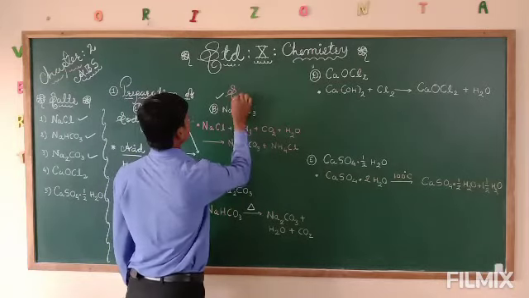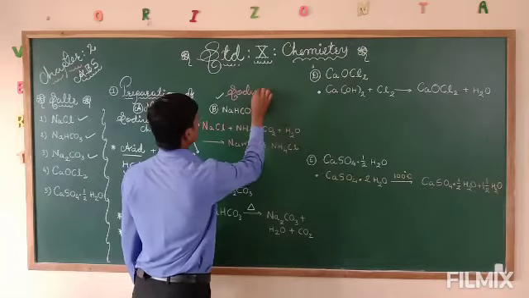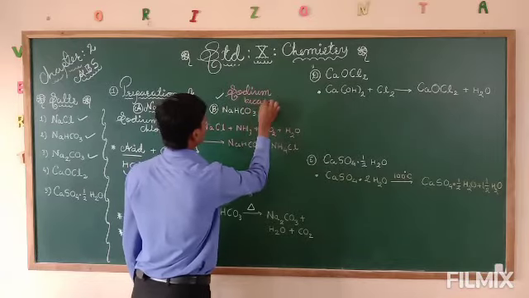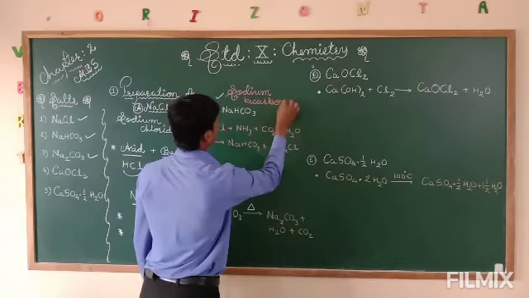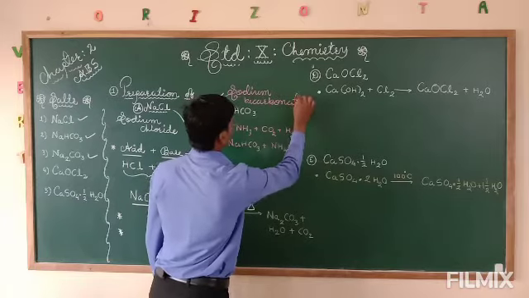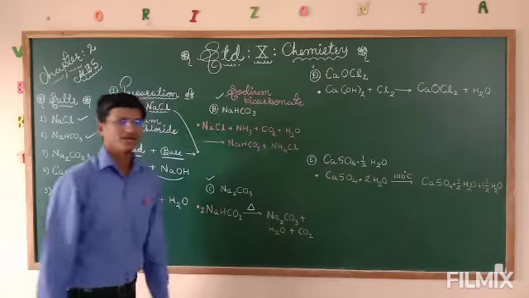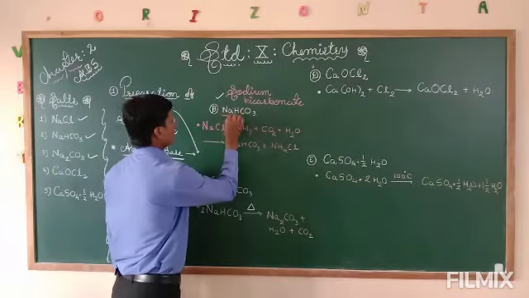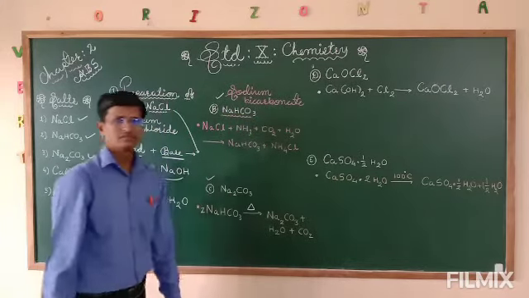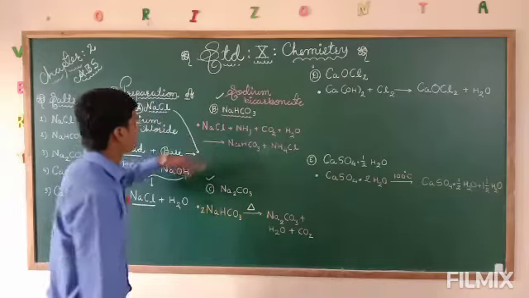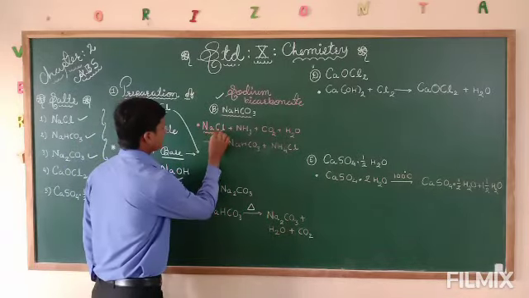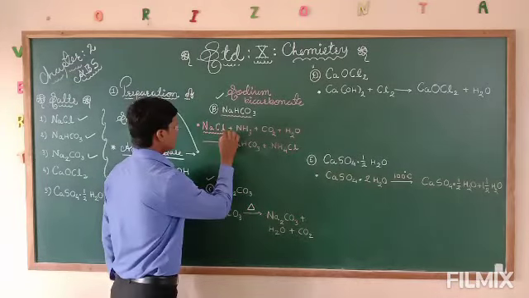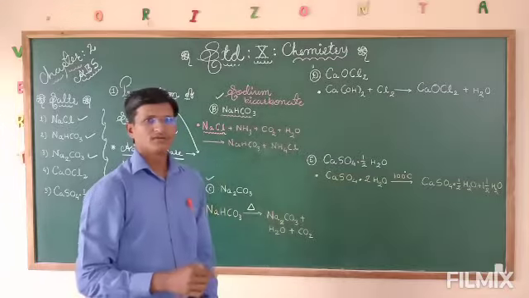Sodium bicarbonate, NaHCO3. Now here, when we take sodium bicarbonate, it is formed when different chemicals are added, and then it will form sodium bicarbonate.